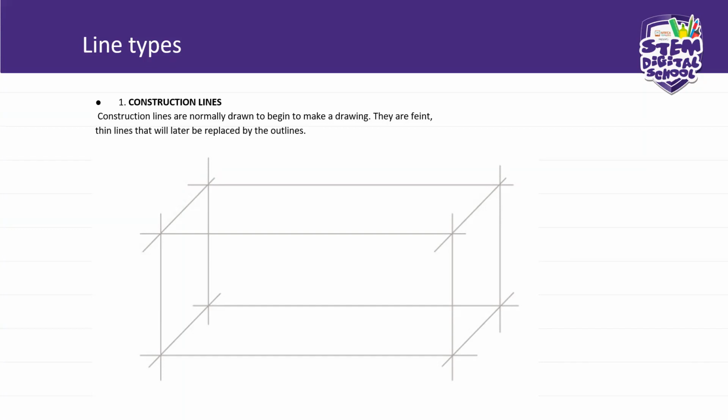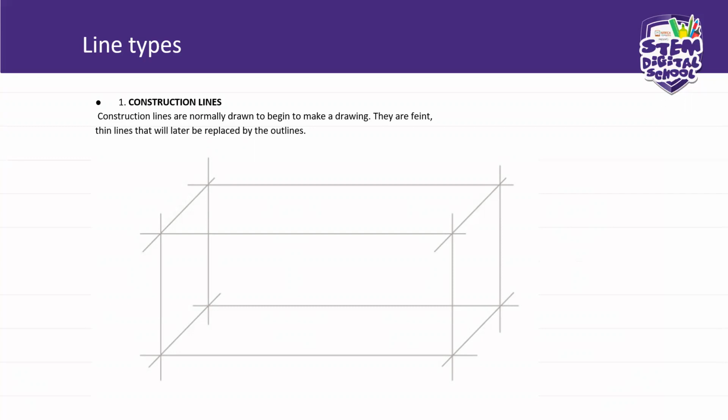These lines are not permanent, and you may get an instruction in your assessment that you need to erase your construction lines, or the examiner may say, leave the construction lines on your drawing. So these are very important because they form the framework or the base of your drawing.